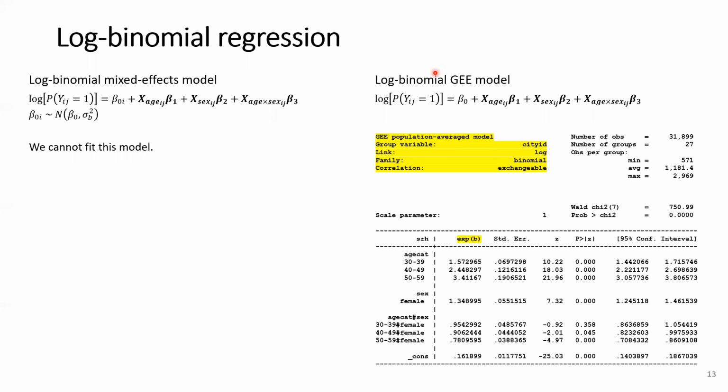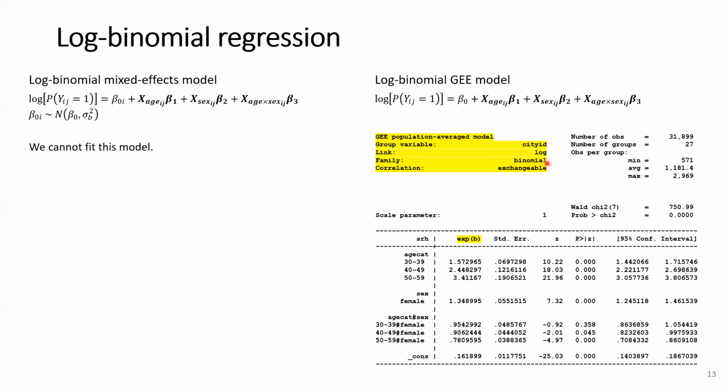So when we have multi-level data, we have only this option, the GEE model. And we just make sure that we use the model correctly. What this is: GEE group at city level, and we use a log link function. So this log coincides with this one.